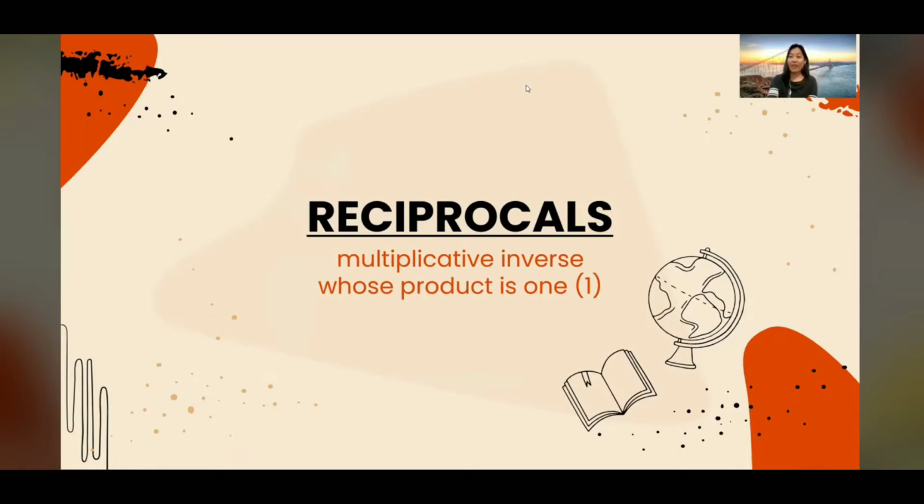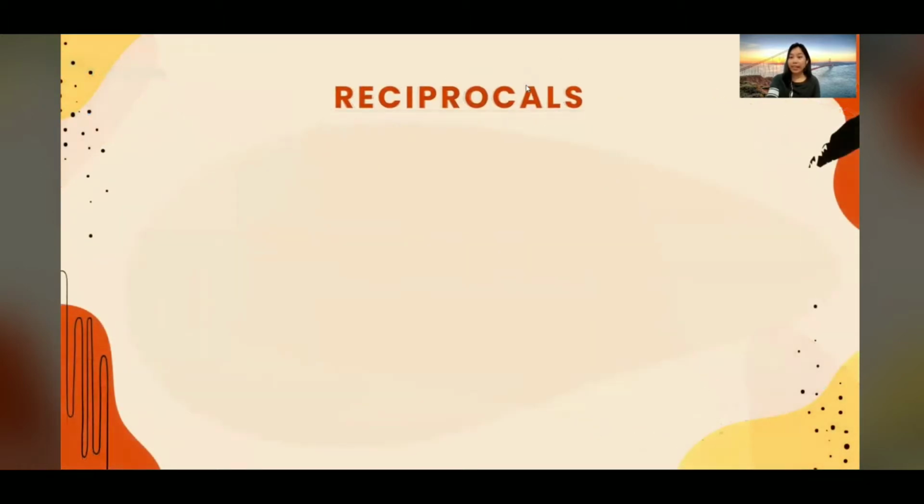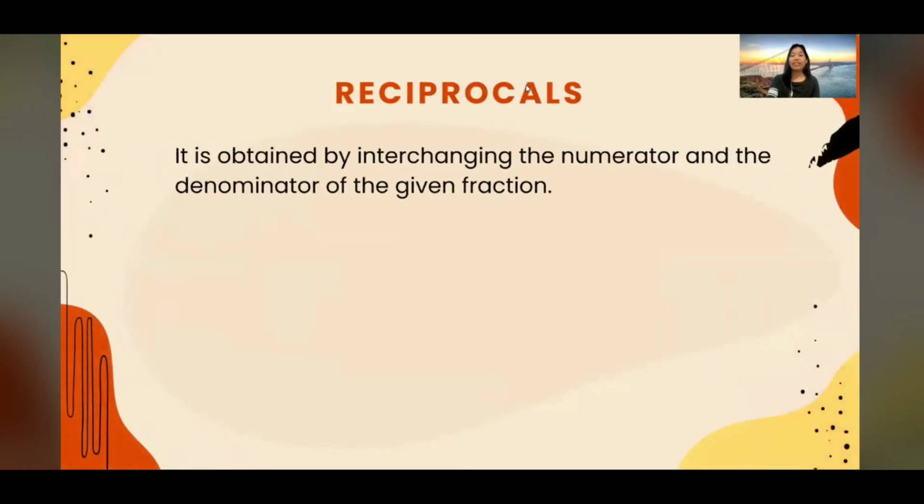So just like our motivation earlier, we got 1 as our answer. So this time we will elaborate it. So how do we obtain it? Read. Thank you. So just like what you have read, we will just interchange them. We will just invert them.